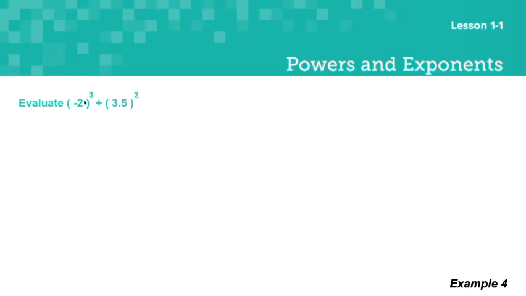First thing, we change it from a power to a multiplication. Okay? First thing, we put negative 2 multiplied by negative 2 multiplied by negative 2.